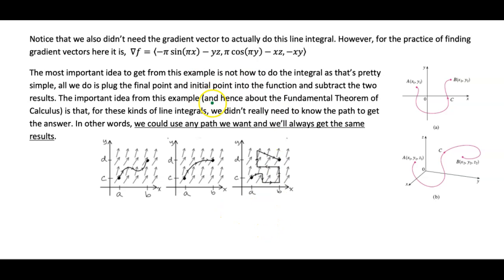And this is the same as the fundamental theorem of calculus that you learned in Calculus 1. A good way to look at this is in the form of vector fields, where it doesn't matter what path we take. And for our application problem here in physics, we talk about work, which is just the dot product of force times displacement, is also path independent.